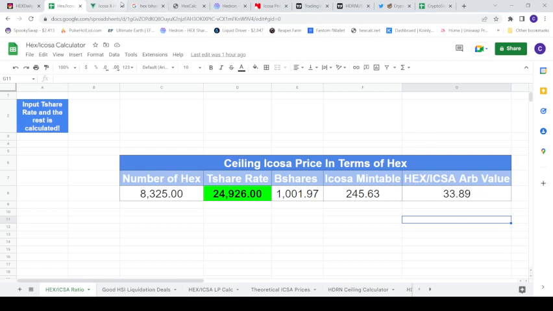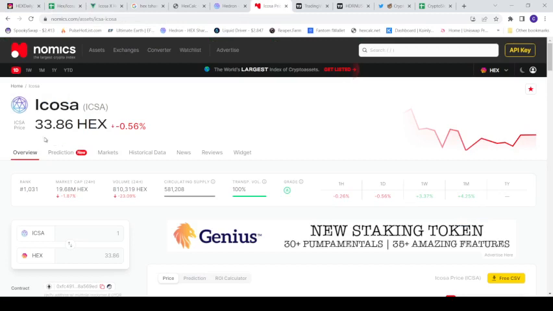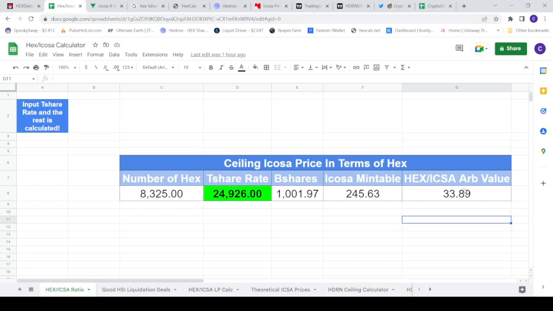And if, let's say, the market price was at like 28 hex per Icosa, and the R value is this value, it would be more beneficial to just buy Icosa off of the market.